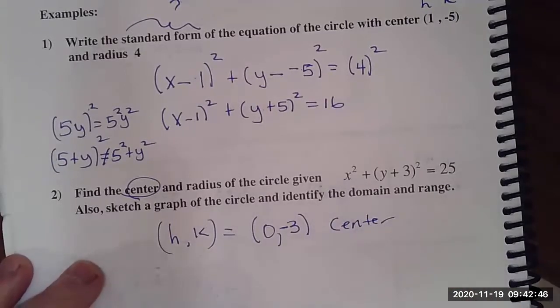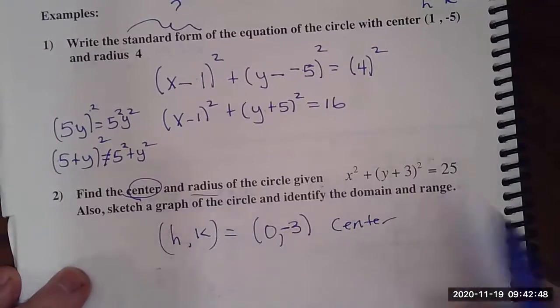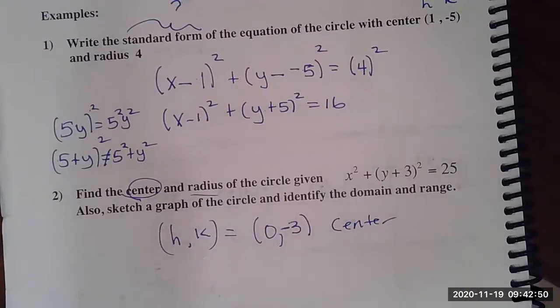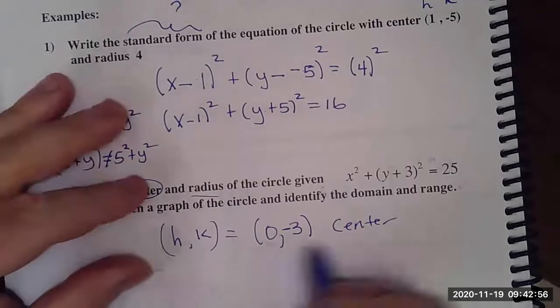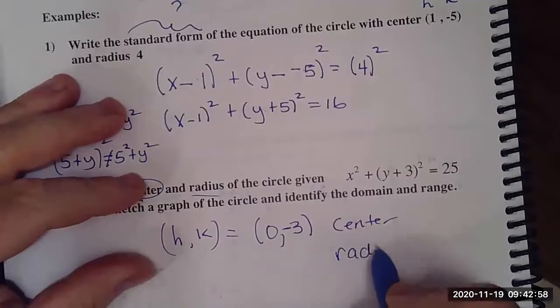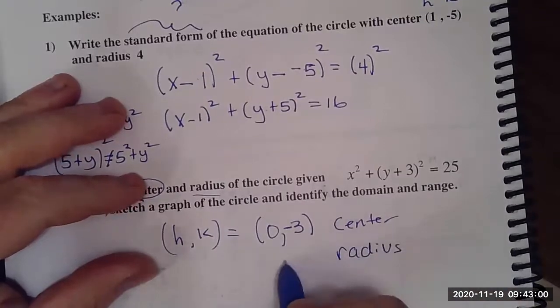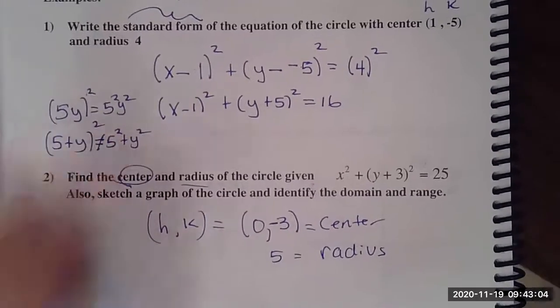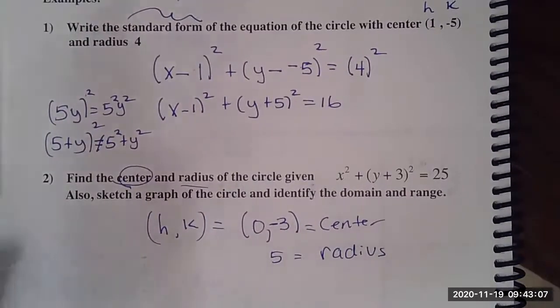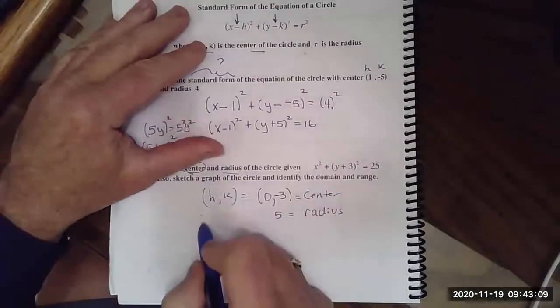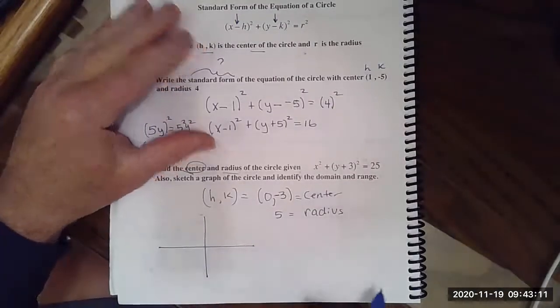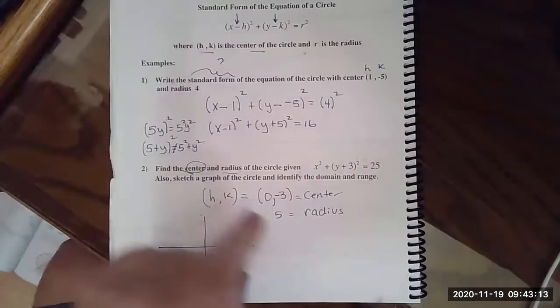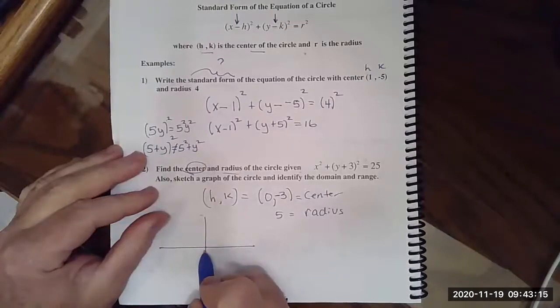And then radius. Radius is not 25. That'll be a choice on the test. Radius is 25? No, it's the square root of that. So it'll be 5. Radius is 5. And if I want to do a sketch of the graph, the center is 0 comma -3.